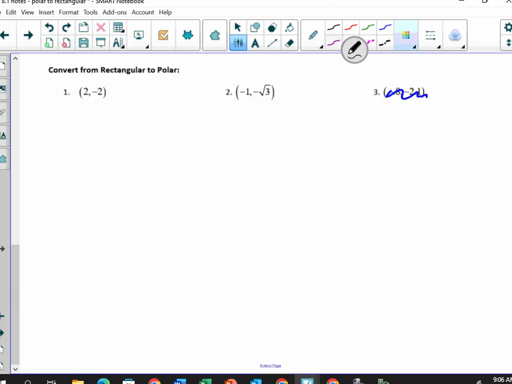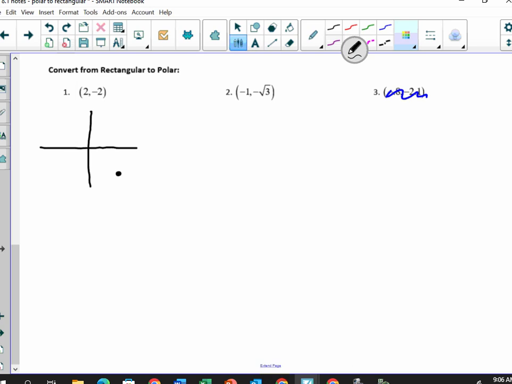Before that was the running part. We must walk today, where we can plot points and convert. It's a crawling day. To convert from rectangular to polar, you first have to plot your point. So where is 2, -2? Fourth quadrant. That's what I'm looking for.